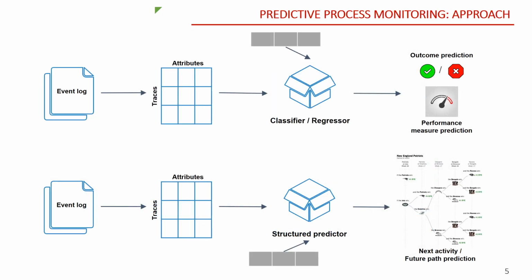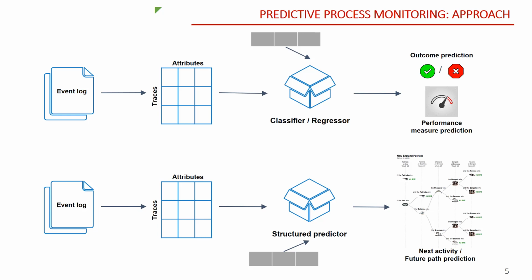In predictive process monitoring, we have two kinds of predictors, let's say. The first one is the ones that we usually use with machine learning algorithms like decision trees, or maybe CatBoost or XGBoost, simple machine learning algorithms that are able to predict maybe just one feature. For example, the outcome of the case, right?